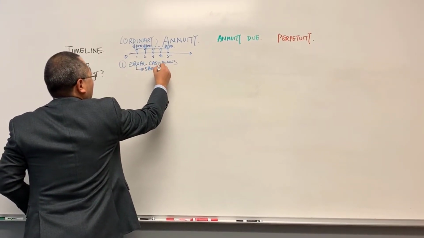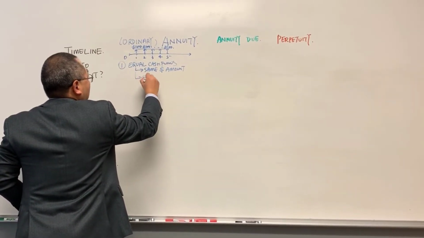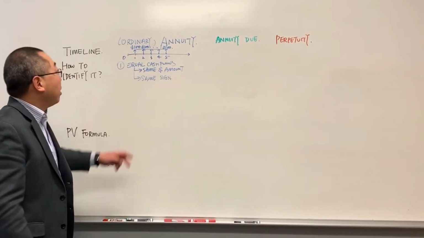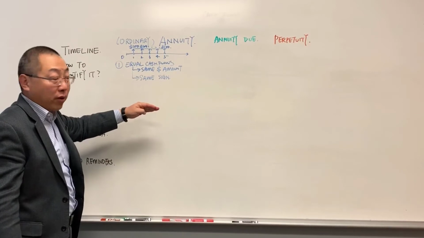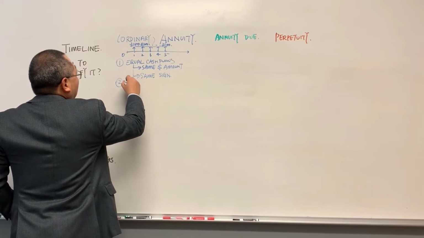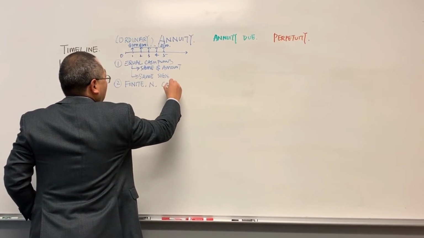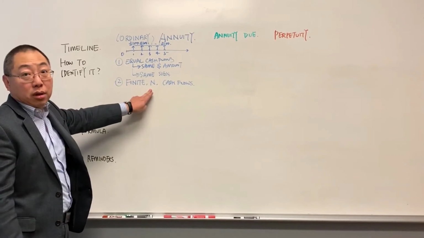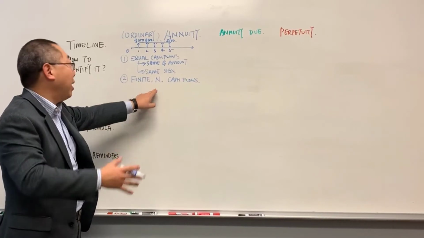Same dollar amount, same sign, all positive inflows of $100, or all negative outflows of $100. Number 2, finite n cash flows. So there should be a number for the n, like 100, 300, 5.